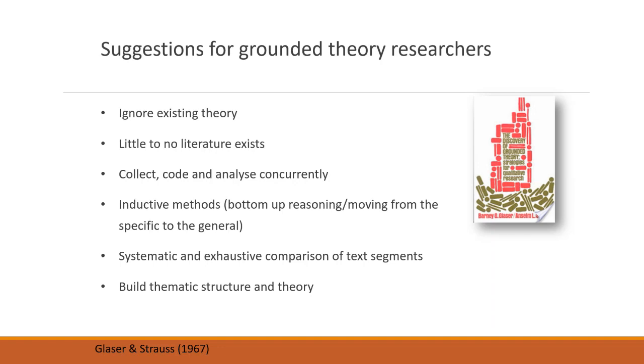But if you're interested in doing the work from the ground up, and the data also forms the theory that you want to come up with, then existing theory will not necessarily be useful for you. So it's suggested that you ignore existing theory.